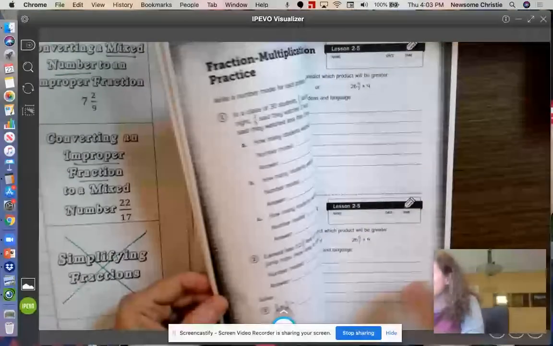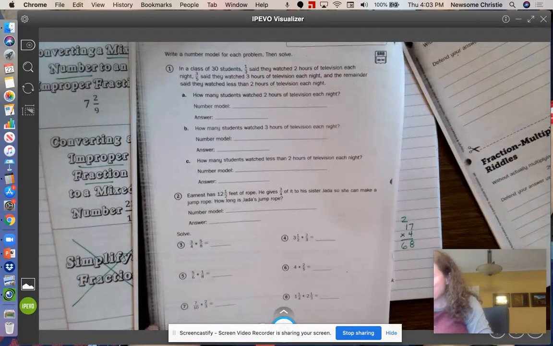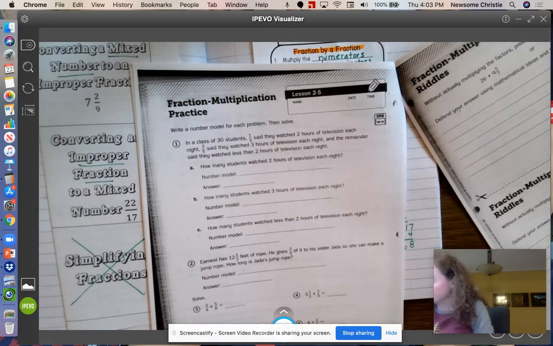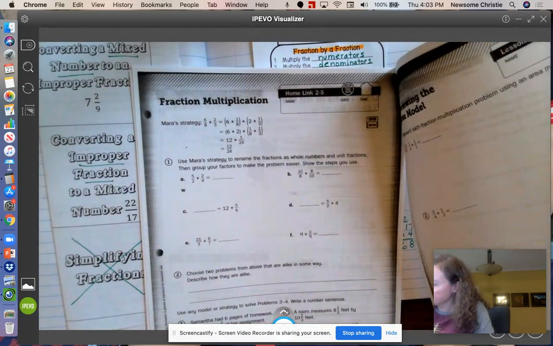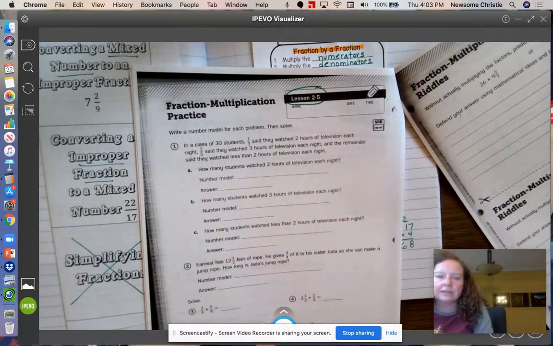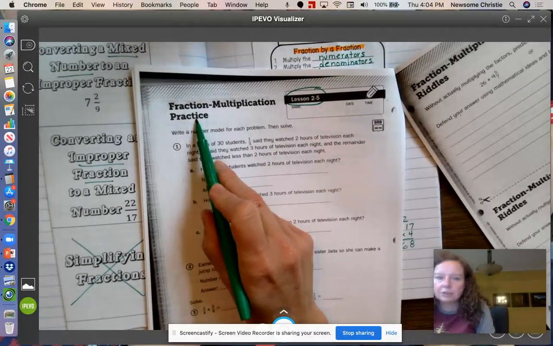You're going to turn over to, this is going to seem like really far in here, lesson 2-5. This doesn't have a page number on the bottom of it, so you'll have to just look carefully. It's lesson 2-5, fraction multiplication practice.